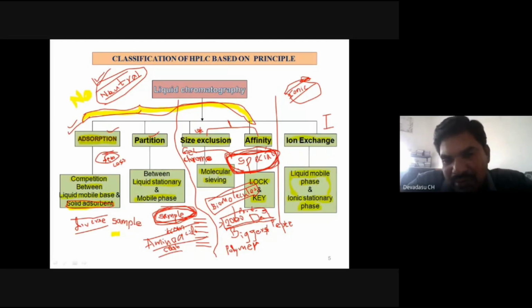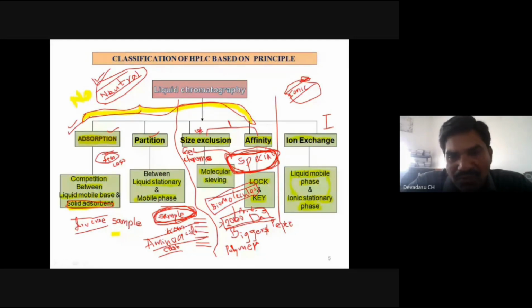One enzyme to one substrate is a specificity. Similarly, one drug should bind to one receptor is also specificity. Such specific samples can be separated. For example, ligands can adhere or bind to a particular substrate. So in the case of purification of ligands, enzymes, coenzymes, cofactors, affinity chromatography can be used.